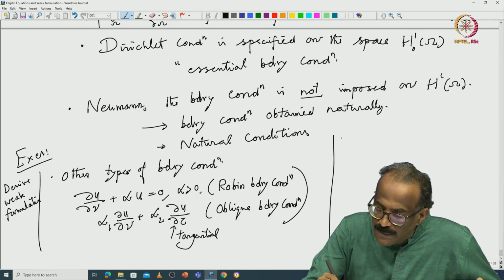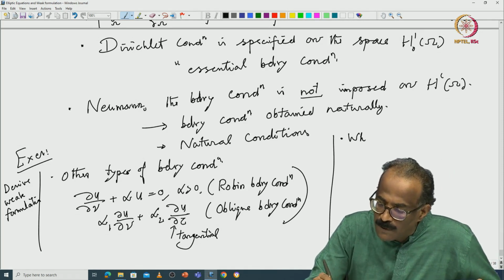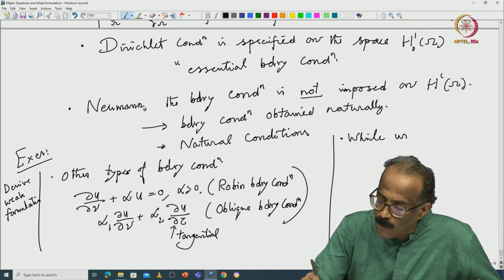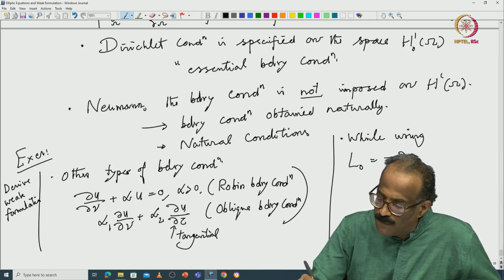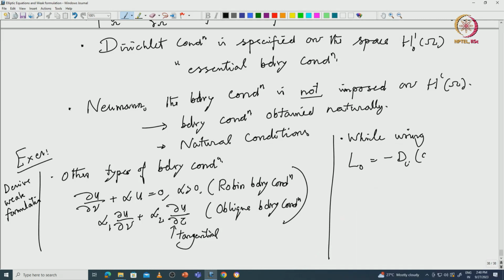While using L naught, that is, minus ∂i of a_ij ∂j, this operator, the natural boundary condition, that means Neumann, you have to see what is the boundary term coming there.